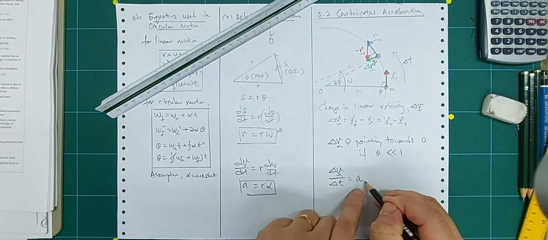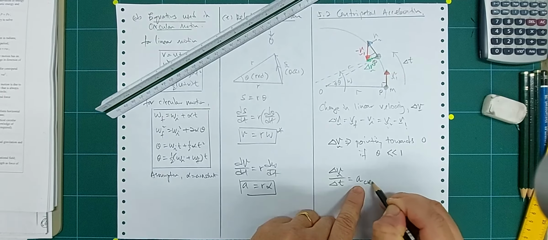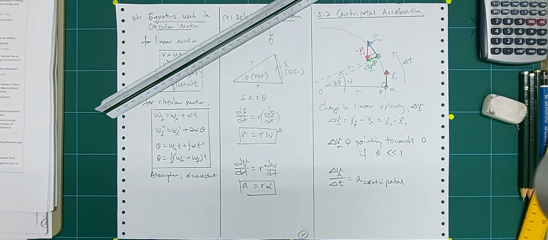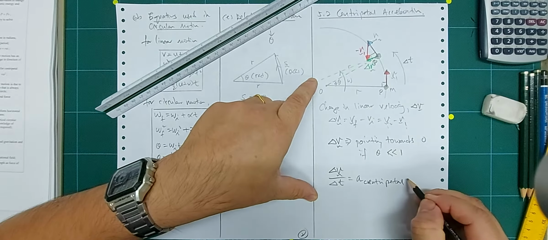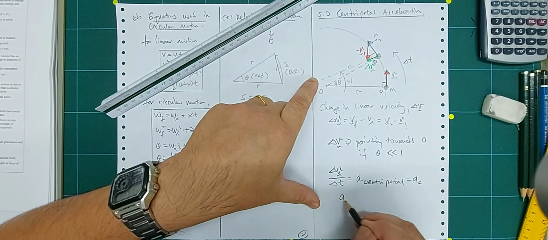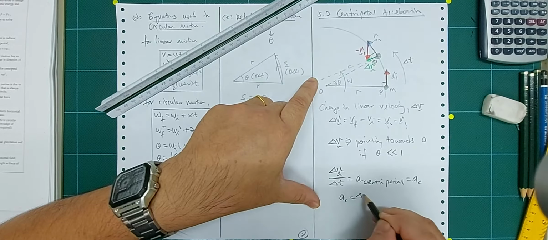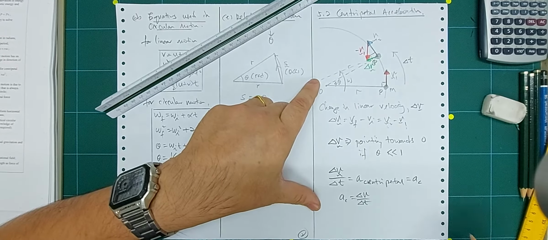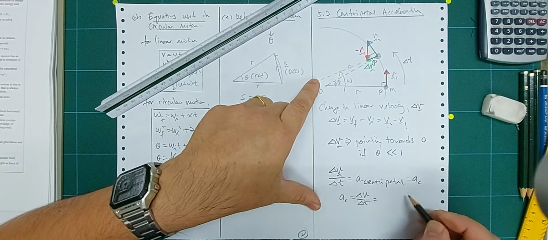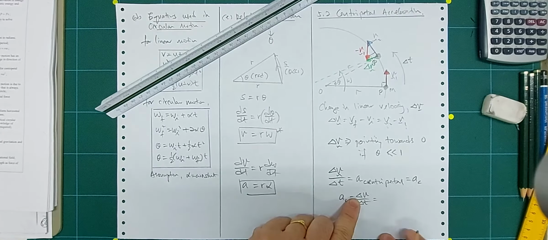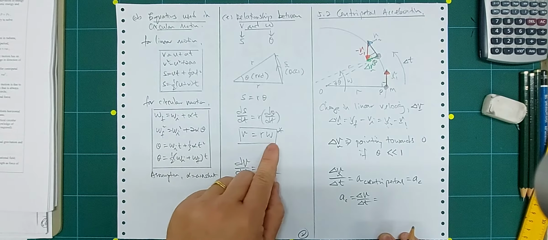So we call this one the centripetal acceleration. To simplify, we normally use AC. So our centripetal acceleration is equal to this one against t, but other than that, we can also put this one as something else, because we know that delta v has a relationship with omega.